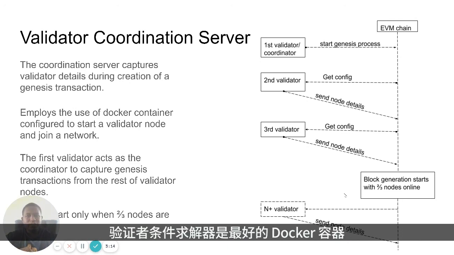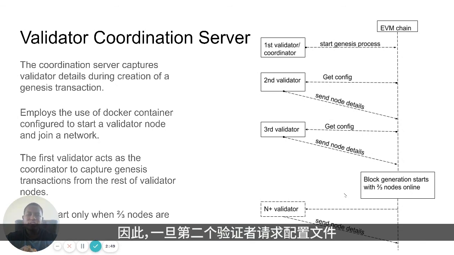The validator coordination server is based off Docker containers, which contain everything that is needed to start a validator node. So the first validator starts the node, and this triggers a Genesis process that provides a config file that the second and subsequent validators are able to request.